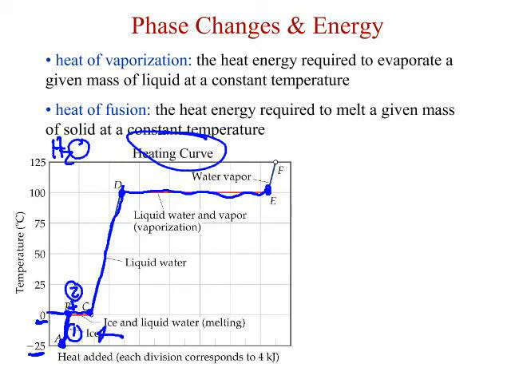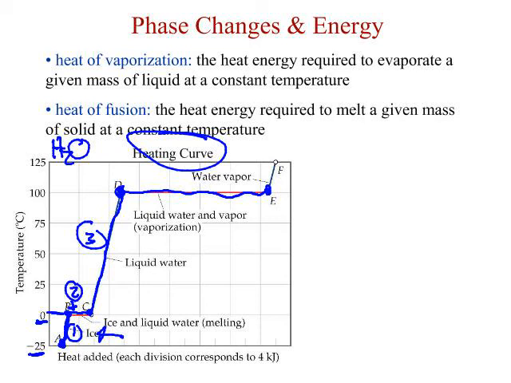If we look at the next range of the graph, going from C to D, again we see the temperature changes. That corresponds to a change in the average kinetic energy of the water molecules in the sample. We're changing the distribution of kinetic energies, and more and more of them have enough kinetic energy to escape into the gas phase.